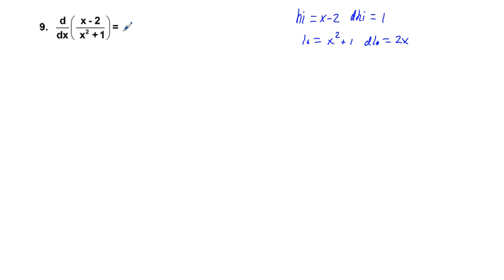So now we can just start writing this out. I'll put low d-high, minus high d-low. And what's low? x squared plus 1. And d-high is 1, so that's multiplied by 1, so we're not going to put it. Minus high, d-low. And d-low is 2x.